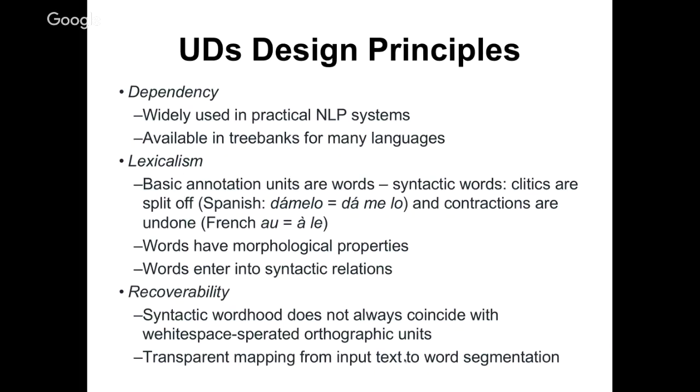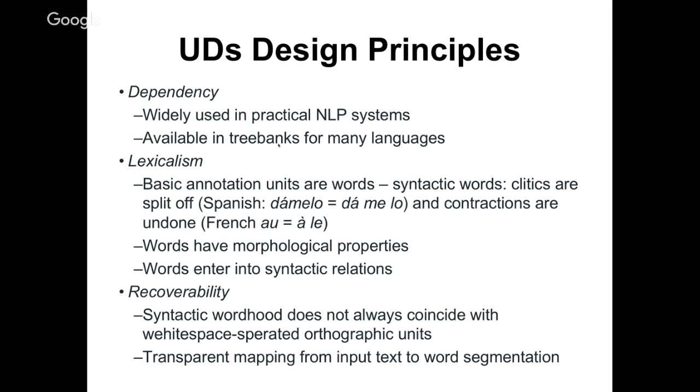So there are 3 basic design principles in universal dependencies. One is dependency. So we use dependency grammar because it is widely used in practical NLP systems, and today is available in several treebanks for different languages. Since the end of the 90s, there has been a kind of dependency turn in computational linguistics and in particular in treebanking.